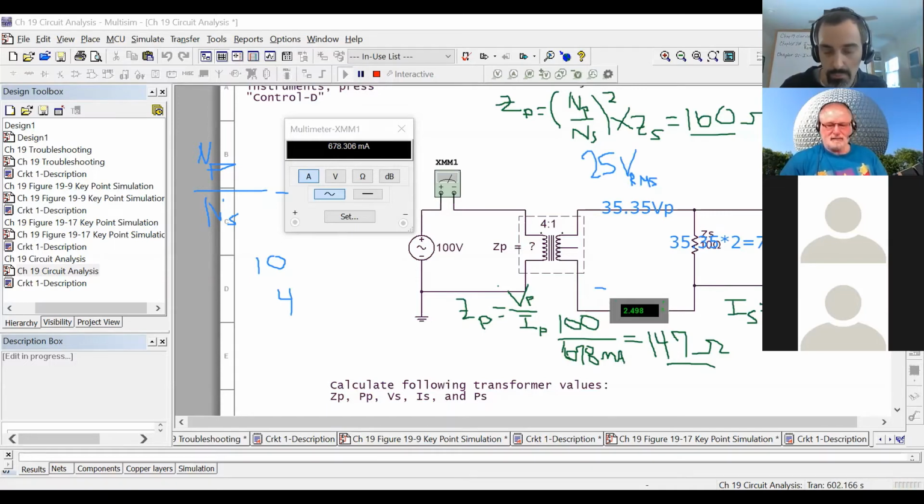Yeah, it was 10. Wow, that's a lot more current. How much current did you get? 2.5 amps. Yeah, it's a lot.